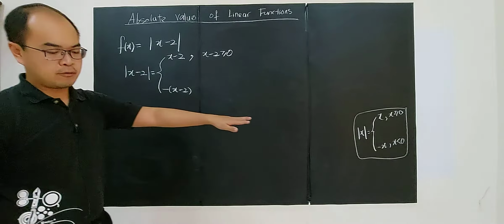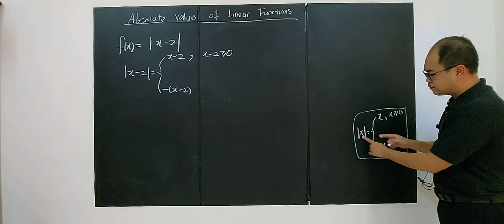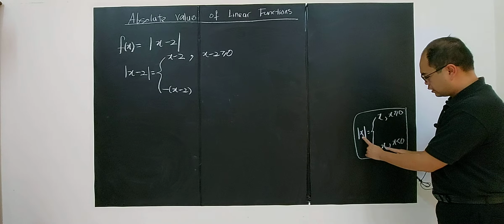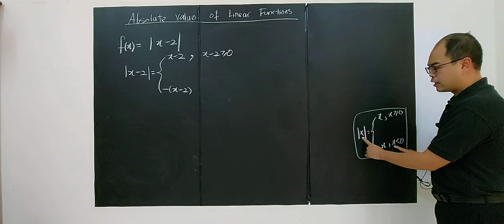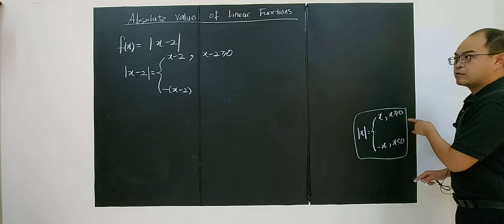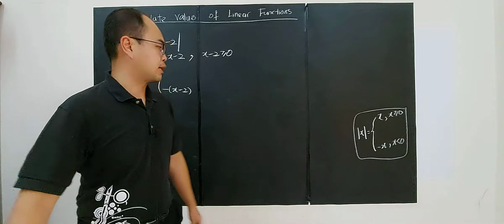We follow this definition here, and we follow this as a reference for absolute linear function. Alright, I will go through many examples so that you can see.